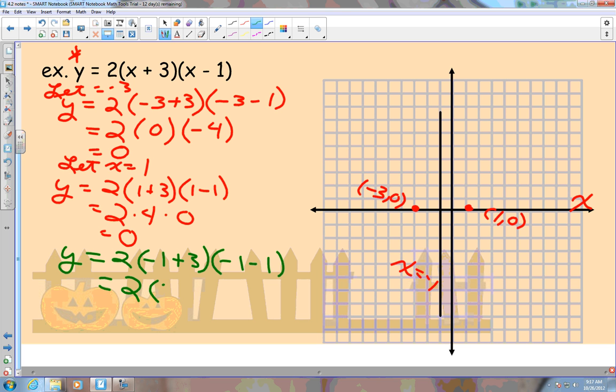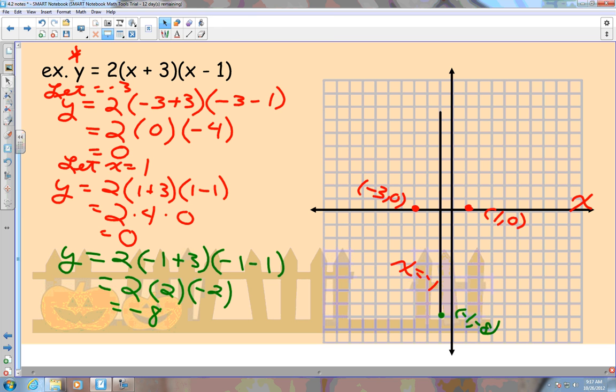I get 2 times 2 times negative 2. 2 times 2 is 4. 4 times negative 2 is a negative 8. So my vertex is at the point negative 1, negative 8.